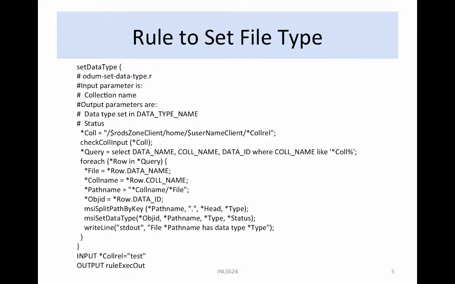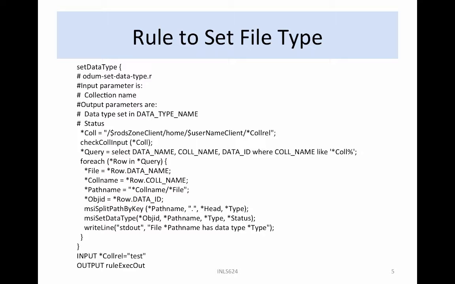The rule sets a collection name, which is a relative collection name added to your home directory. It checks that this collection exists. It constructs a query to retrieve the data file name, the collection name, and the data ID for all sub-collections within the specified collection. It loops over the results set. It extracts the file name and the collection name.